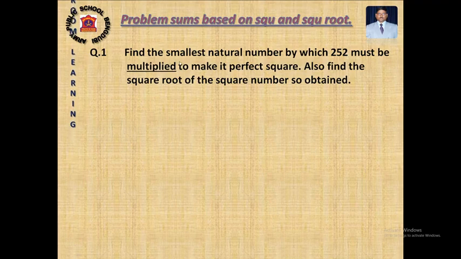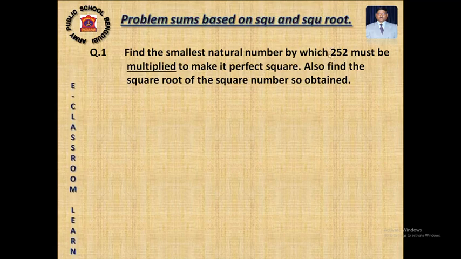Here the number will be the smallest natural number by which you have to multiply 252. You remember 252 is not a perfect square number. We have to make a perfect square number by multiplying it, and that multiplying number will be the smallest natural number. Okay, so up to this much the concept.